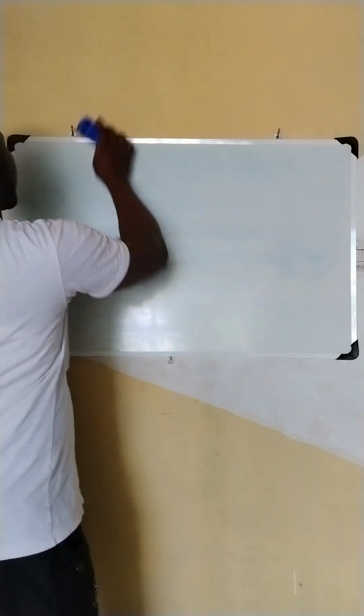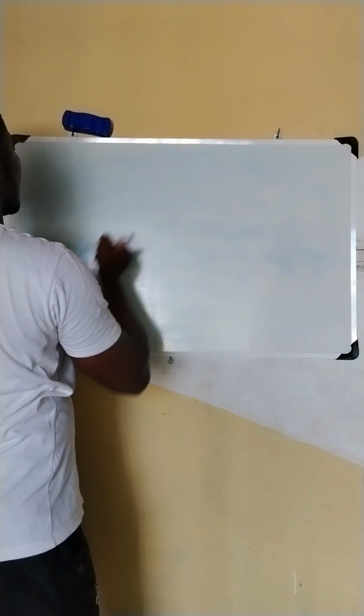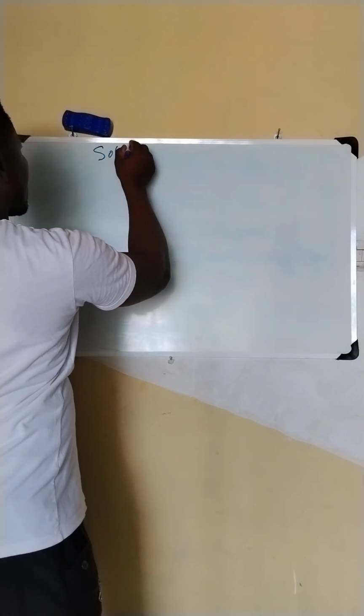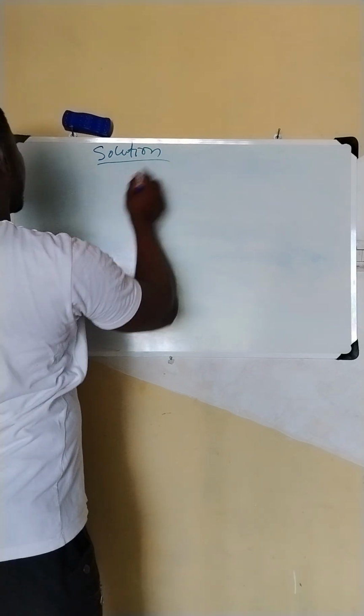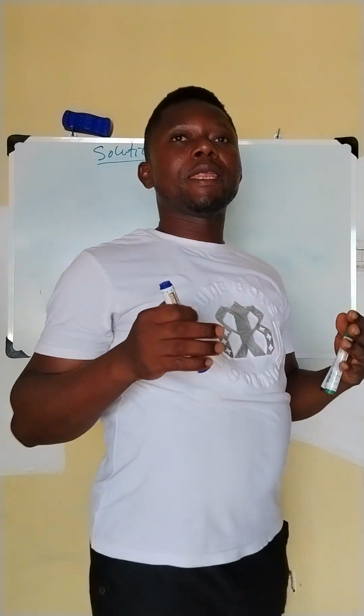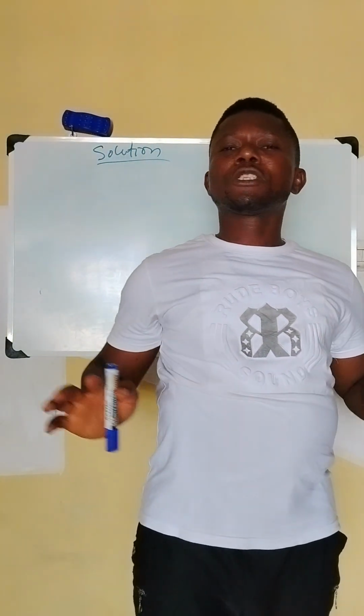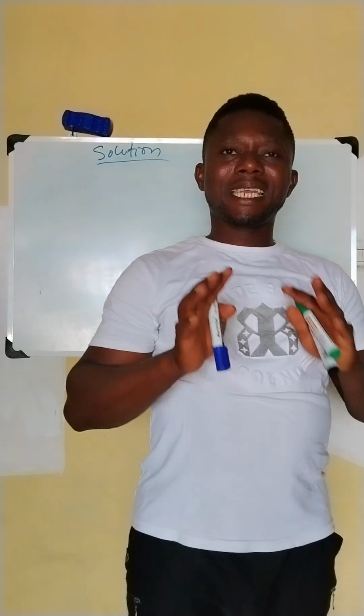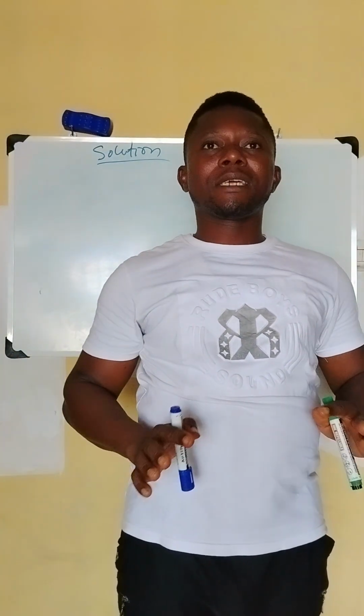So, solution. You write down the formula first. If you are solving any problem in physics, you write down the formula. As I told you earlier, you don't need to cram anything, you don't need to memorize anything. All you need is understanding.